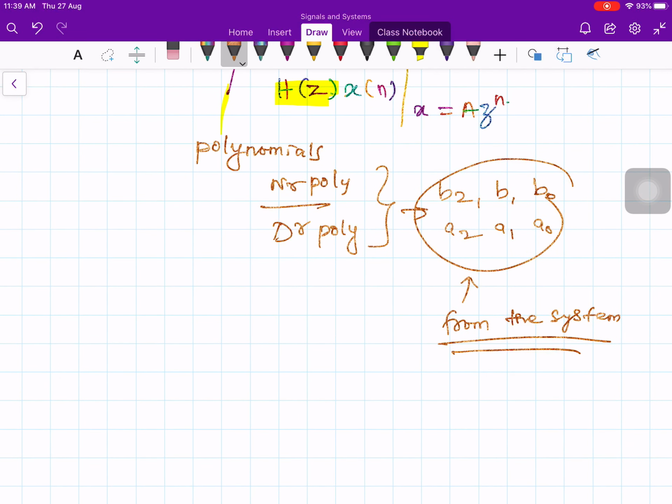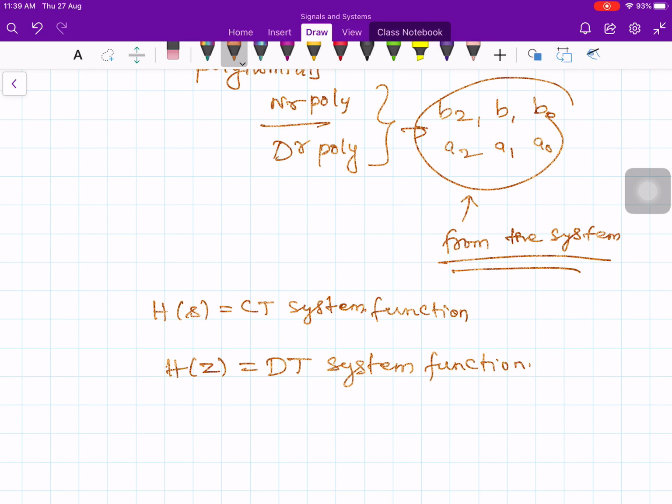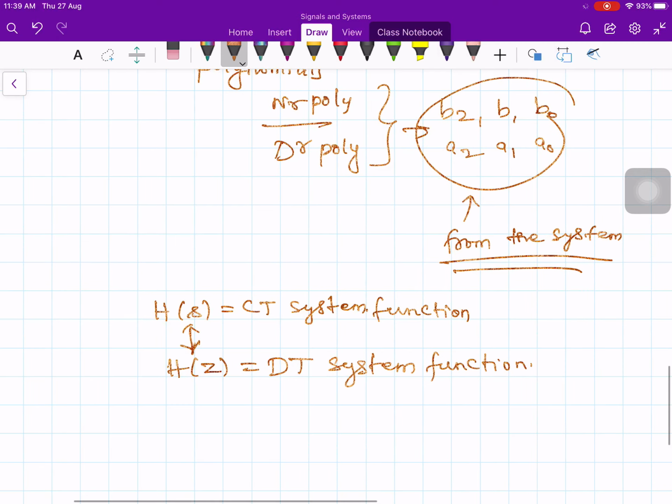Like in the previous lecture we said H of s is the continuous time system function, by the same token, H of z is called a discrete time system function. Working out H of z is quite analogous to the continuous time case. Both are interrelated, very similar.